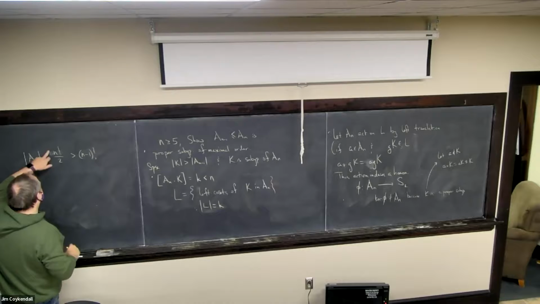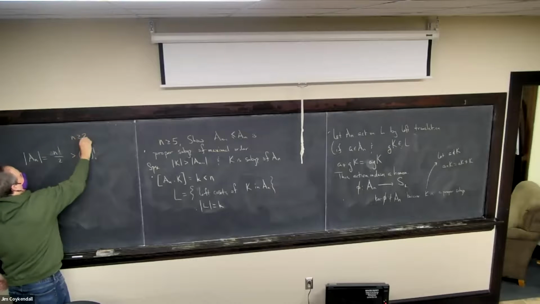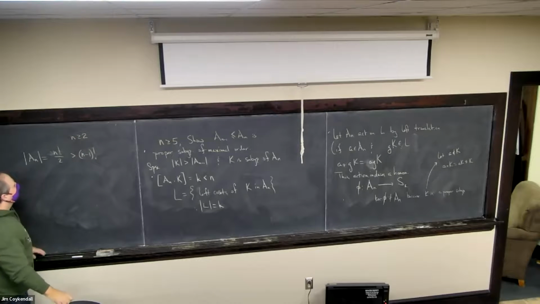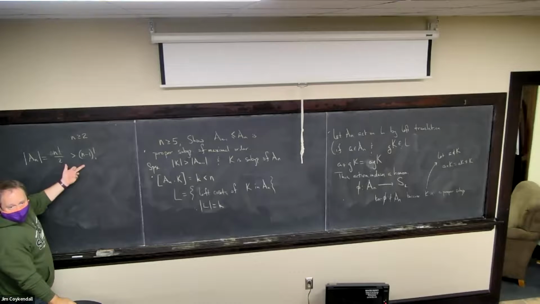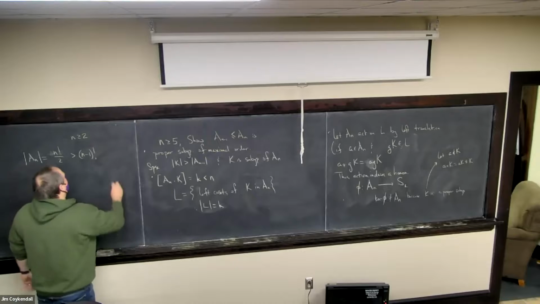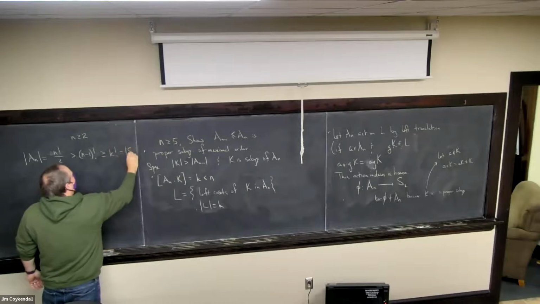I see where I was going. Yeah, this is actually true for all n greater than or equal to this inequality. And this is greater than or equal to k factorial, which is your SK.